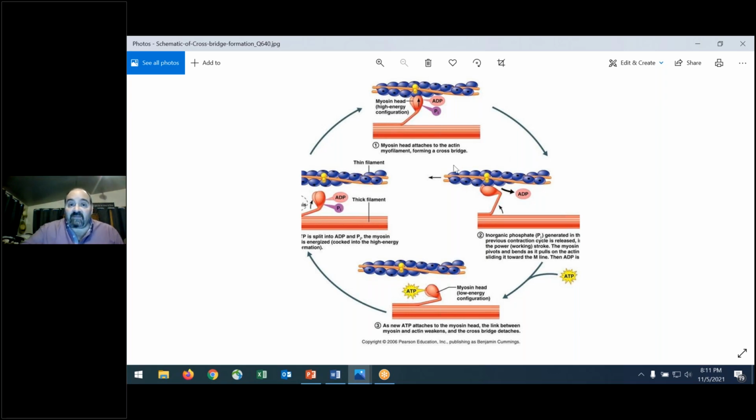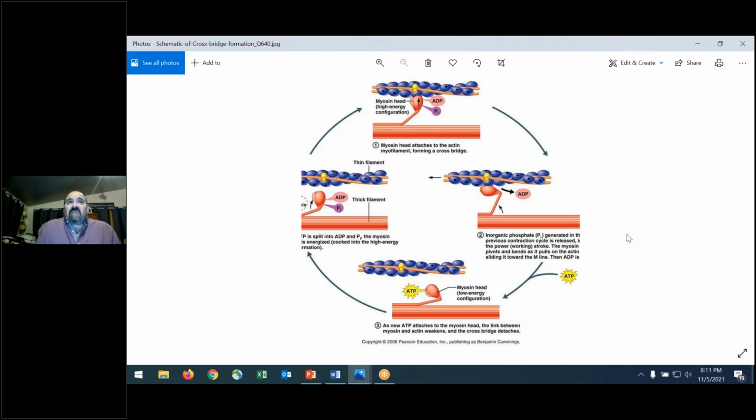With ATP, there is a release of the cross bridge. If there's no ATP being synthesized or produced, then in a cadaver we would say it's stiff. Why is it stiff?